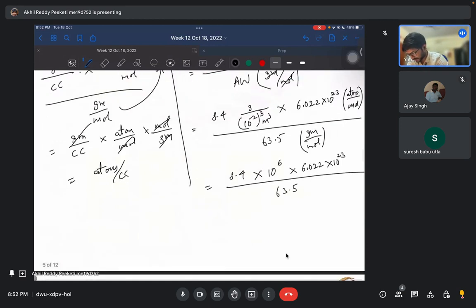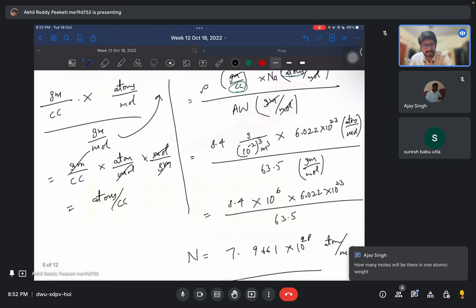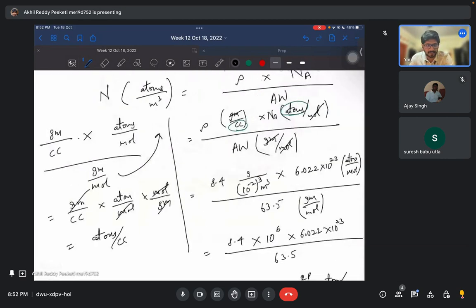So this would give us the number of atoms in 1 meter cube. So this would actually be 7.9661 into 10 power 28 atoms per meter cube. Atomic weight is given as grams per mole.